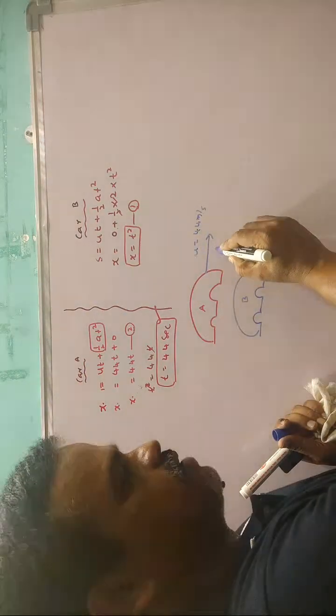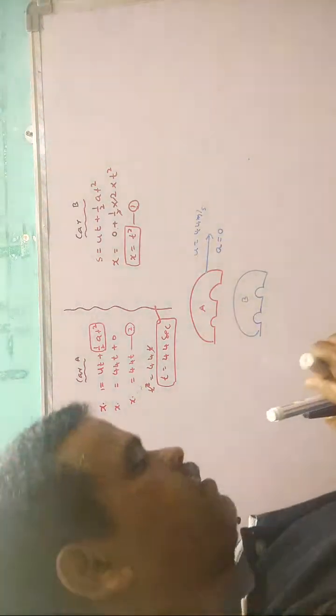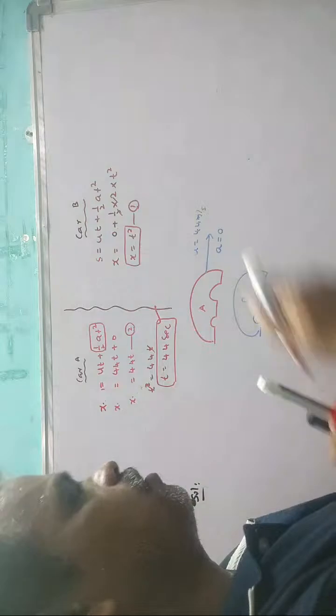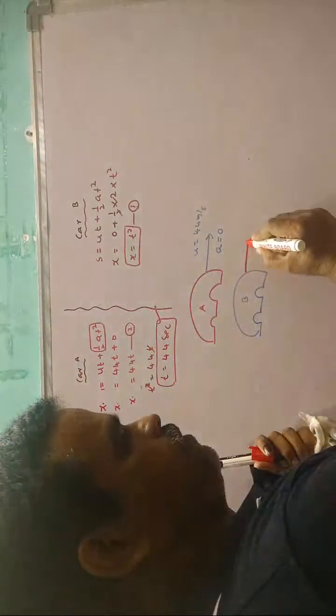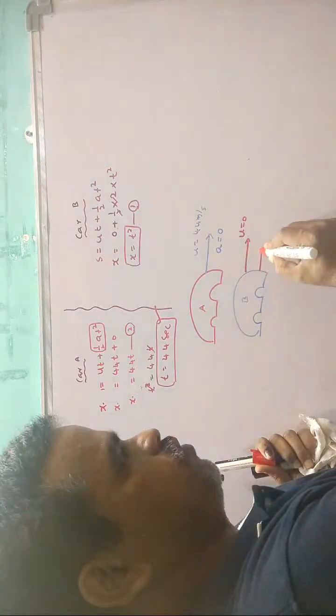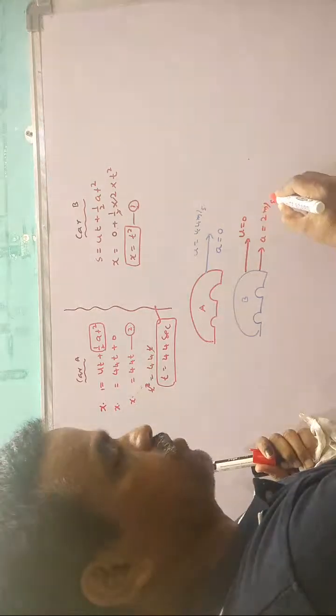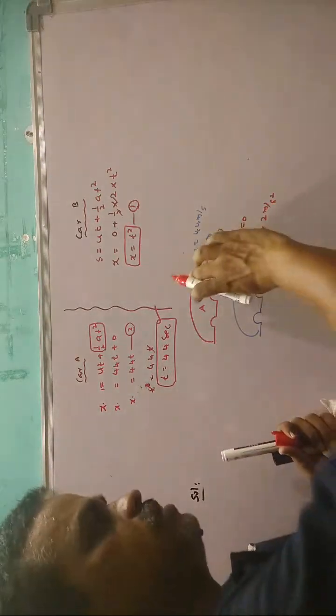For a uniform velocity body, acceleration is 0. For car B, it starts from rest and is moving with acceleration 2 meter per second square. So this is the information.